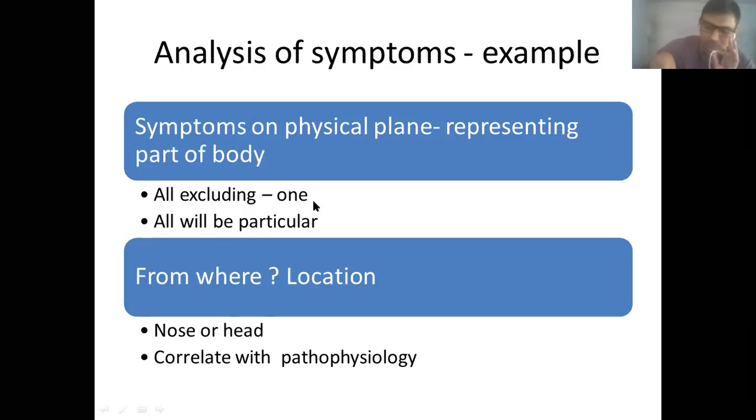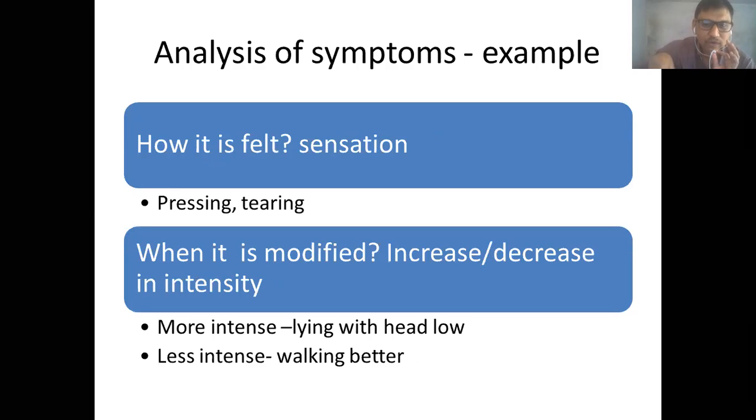Is it clear so far? Then the next question: what is the sensation of all these symptoms? How were these symptoms felt? We came to the answer that they were felt in a pressing and tearing manner, and so these two sensations become the sensations of this particular symptom.